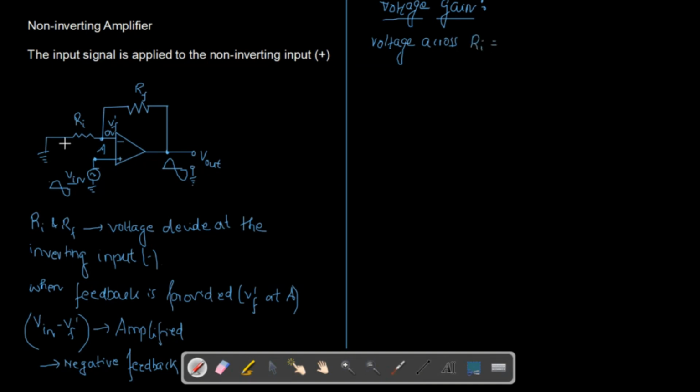So what is the voltage across Ri? It is again, see, it's basically nothing but the input voltage, okay, minus whatever is the voltage at this particular end, 0. Okay, so we can basically just consider this to be the input voltage minus the output voltage. Okay, so effectively that's the case. So we can just talk about V in minus 0.